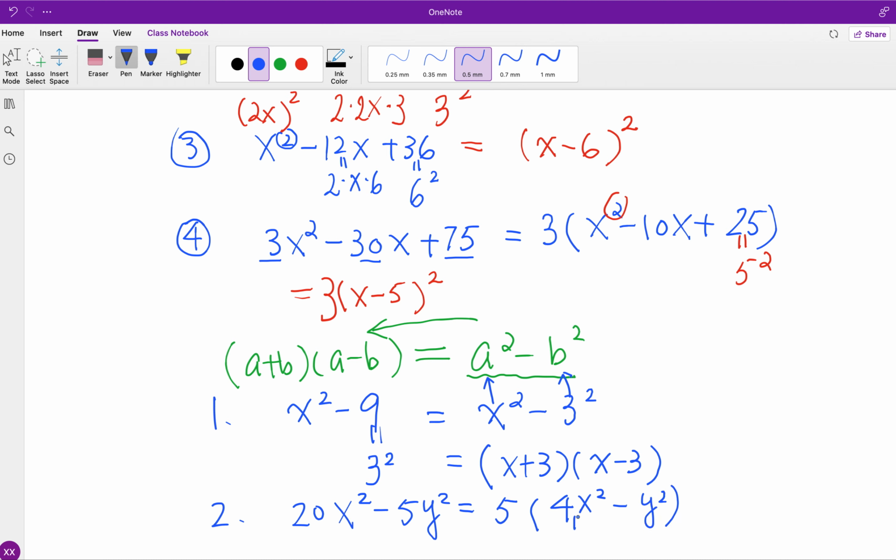So now again, this 4x squared can be written as (2x) squared. So now we go back to the formula again. This is something to the power of 2, subtract something else to the power of 2. Okay, well then we're going to use the formula, which is (2x plus y) and (2x subtract y).